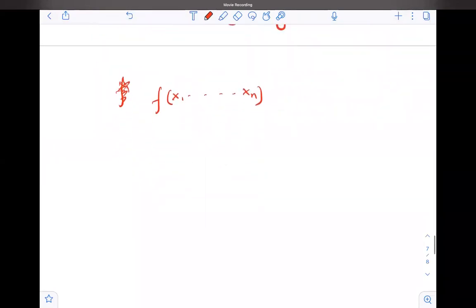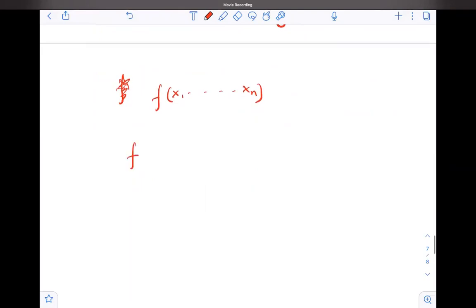So if I tell you a function, how will you explain the function to me? So let's talk about a multivariate multilinear function.